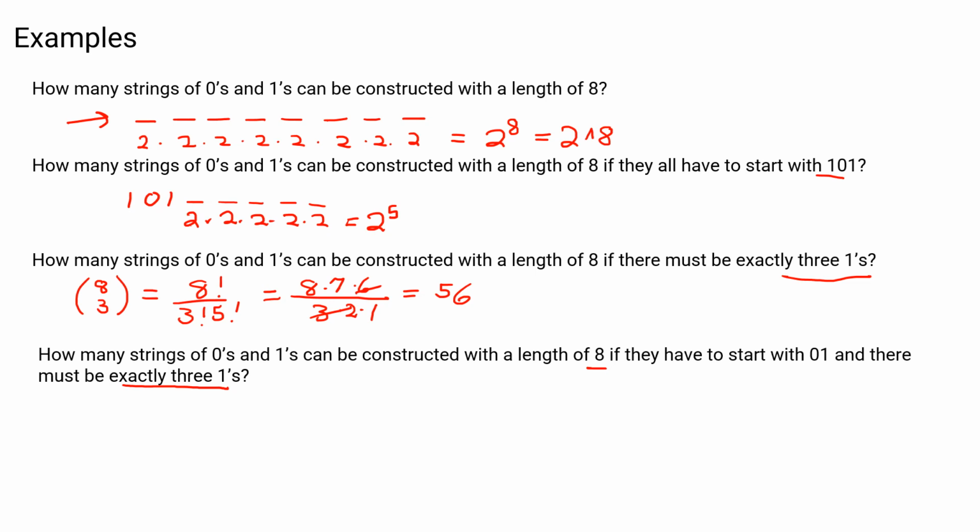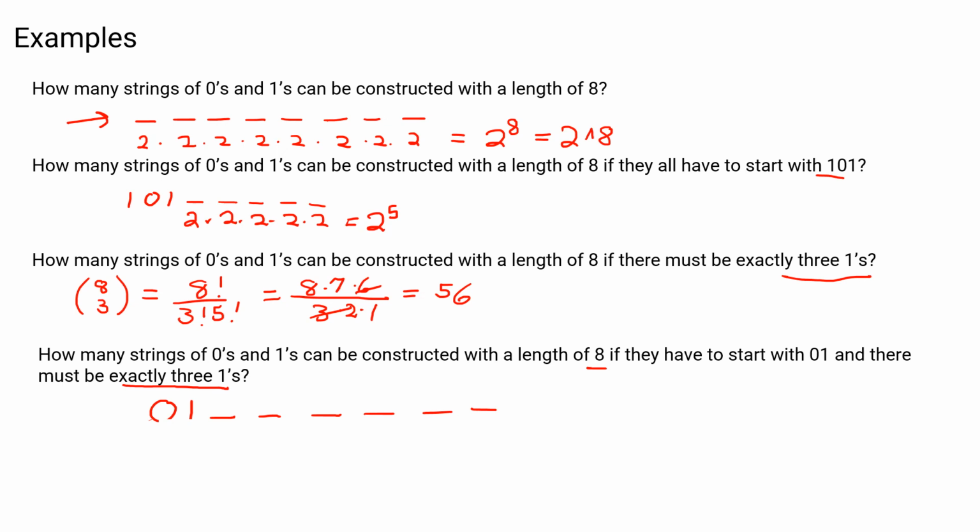Okay, now the last question. How many strings of zeros and ones can be constructed with a length of 8 if they have to start with 0, 1, and there must be exactly 3 ones? Okay, so there's 8 slots, but the first 2 are already taken. We have a 0 and a 1, so we wouldn't have to worry about those, and there's 6 slots left. But it's not just that they could be anything. There have to be exactly 3 ones.